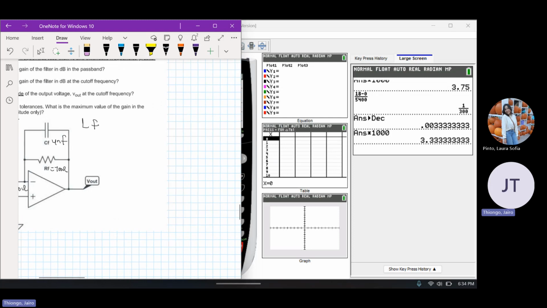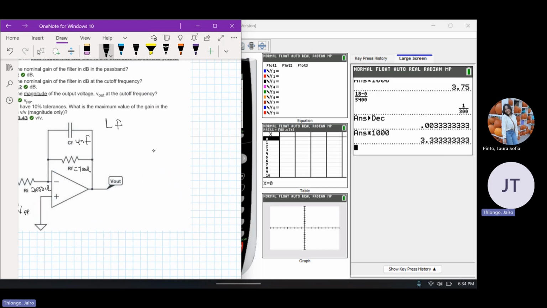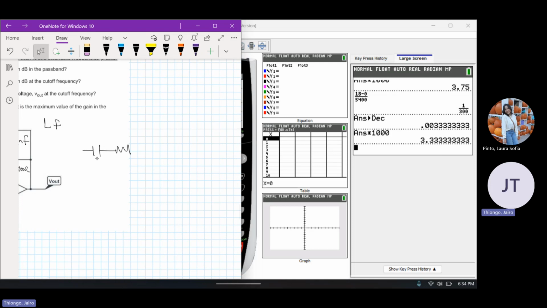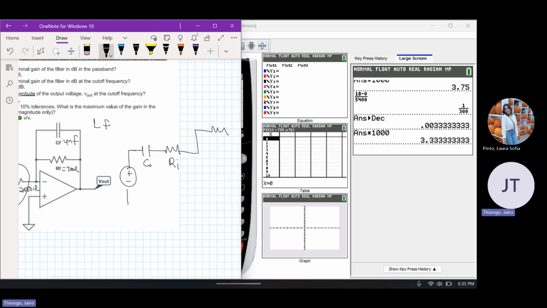A high pass filter has this configuration. It has the capacitor in series with the R input from the input side, and then so on and so forth. This configuration here is where the capacitor is for a high pass filter.